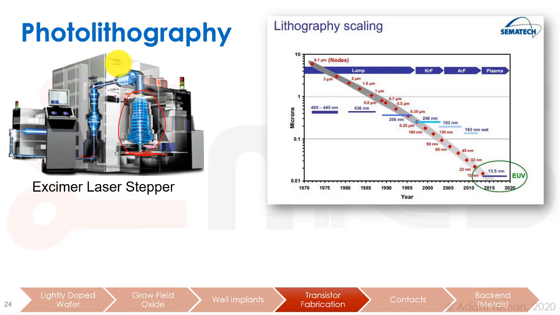So if we look at a graph of lithography scaling, we see that a long time ago, when we were at 6 microns, when they made the Intel 4004, well, we had these big lasers that were 400, 440 nanometer wavelengths.